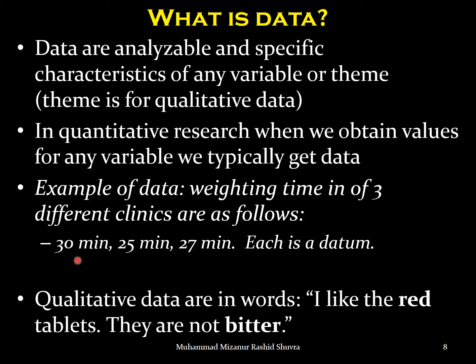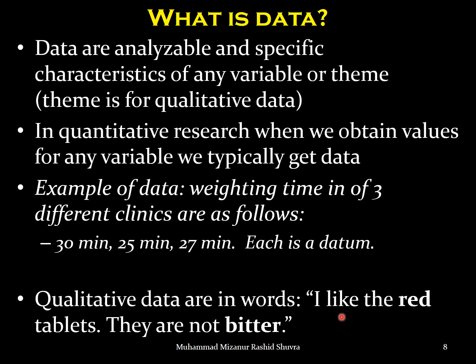And qualitative data are in words, like we said in our previous lecture. I like the red tablets. They're not bitter. So red is an attribute, bitter is another attribute. The theme here is choice for tablets, and the data, for example, are in words: red, bitter.